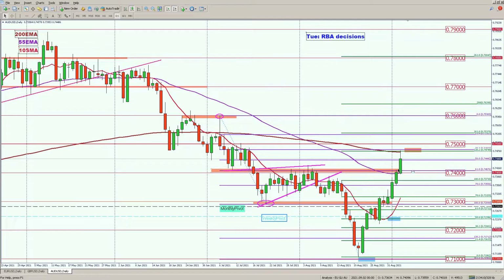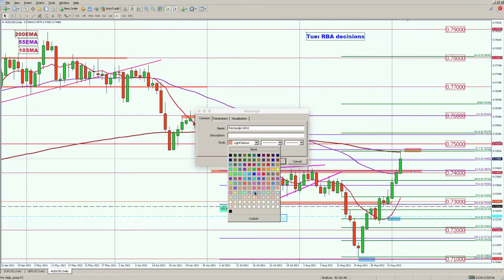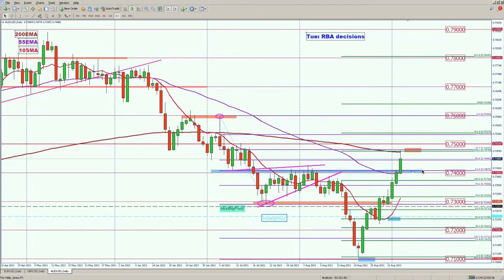So this zone is going to be support. Okay, and these areas as well are now support.